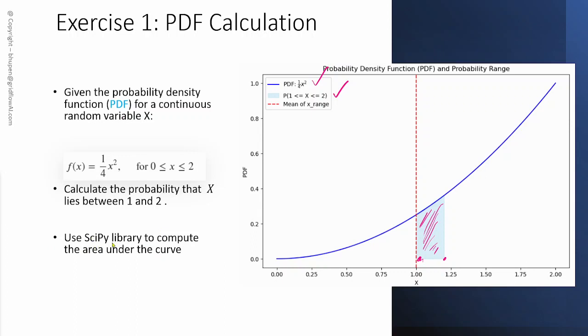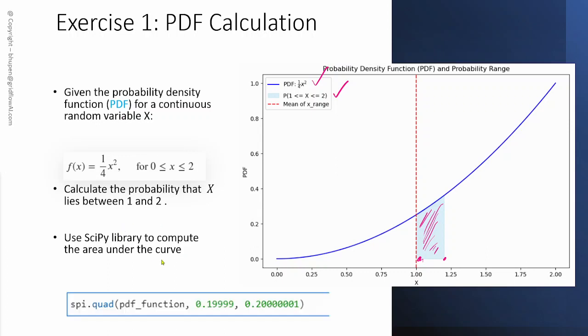We use the SciPy library to compute the area under the curve, which is basically a one-liner. The SciPy function is called quad, and in this we pass the function. Let me illustrate what is happening. We pass this function here, and then we pass the range, let's say A and B, for example 0.1 and 0.2.